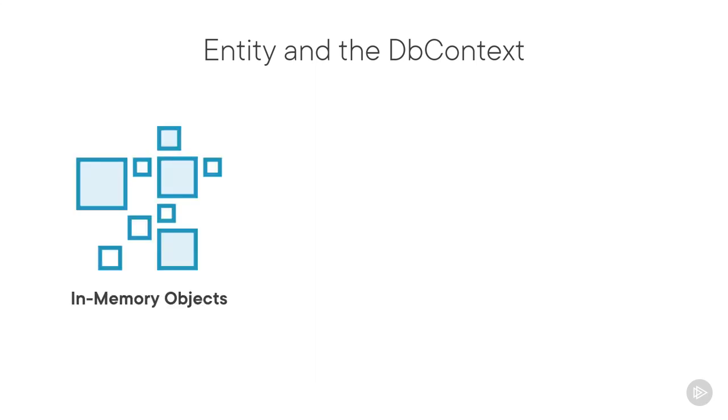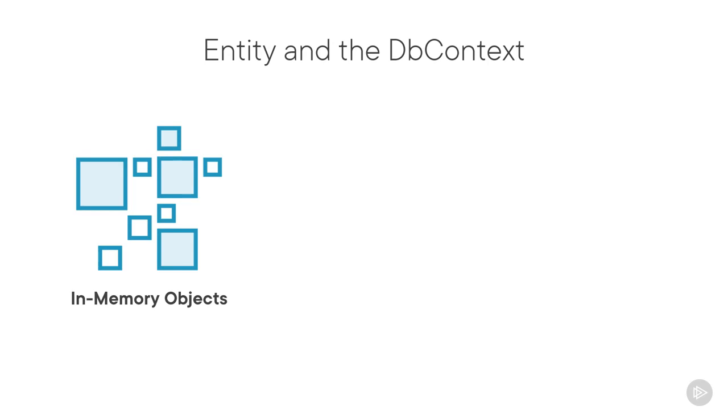Now I think it will make sense for me to finally explain what an entity is. Entity is one of those overloaded terms that's used throughout software and in a lot of other industries. But within the context of EF Core, it does have a particular meaning. A running application has objects in memory that you're working with.